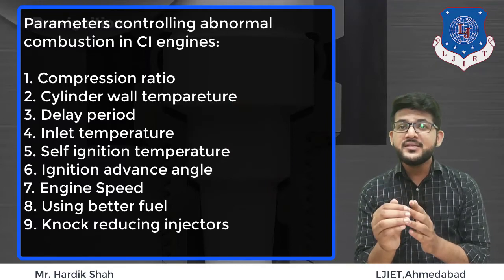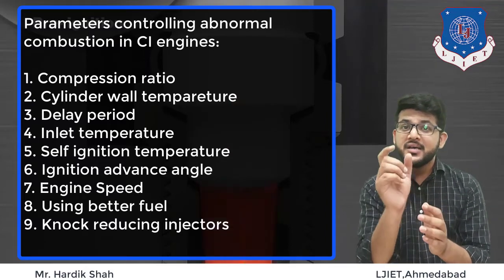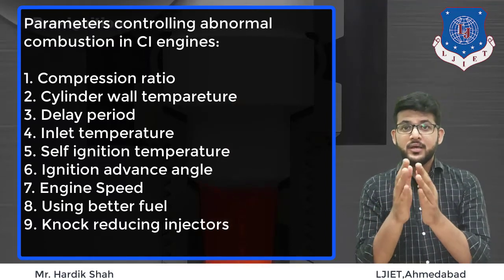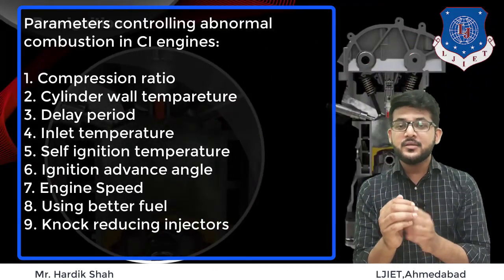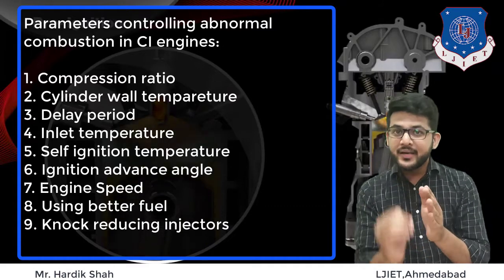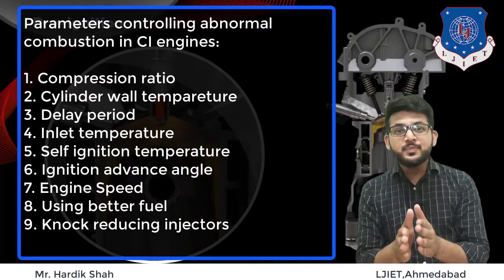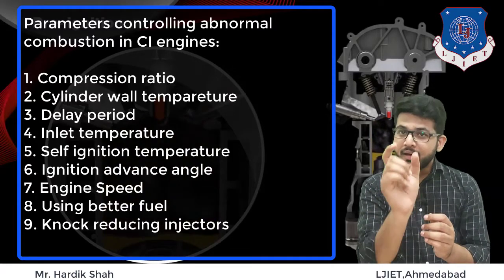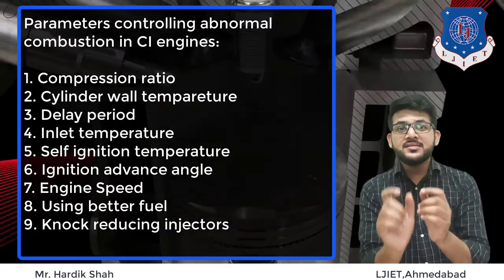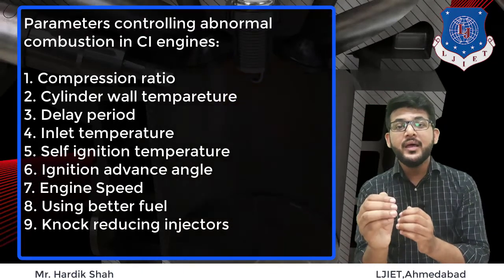The fuel injector is geared to the engine and hence the injection remains constant in crank angle. So if the speed is increased, the duration of the injection time decreases, and at higher speed, more fuel is accumulated in less time. Hence in CI engine, the chances of abnormal combustion are very high at high speeds.